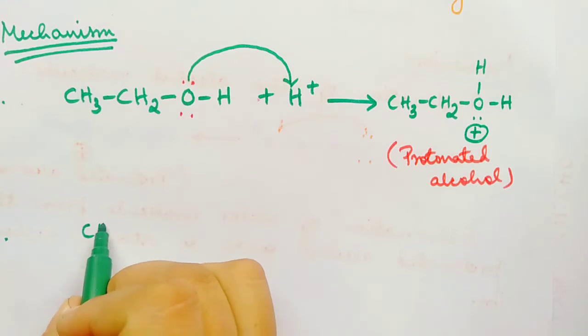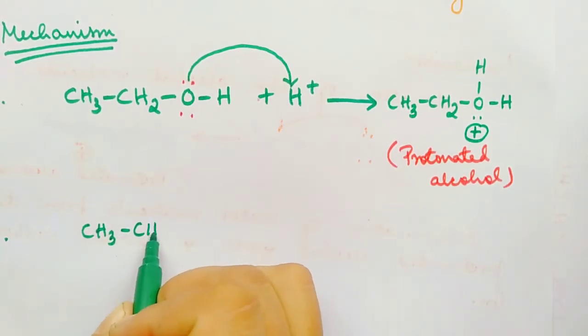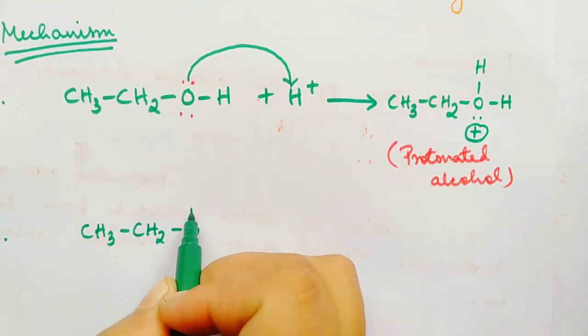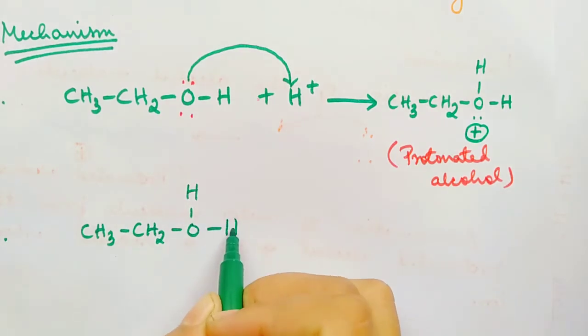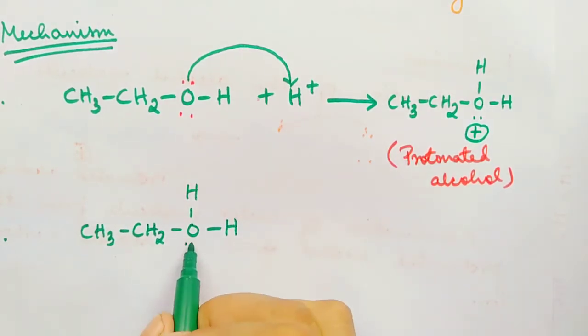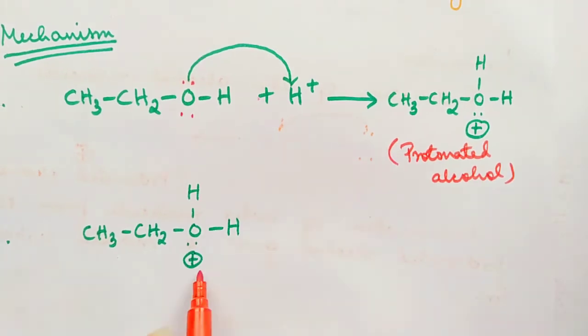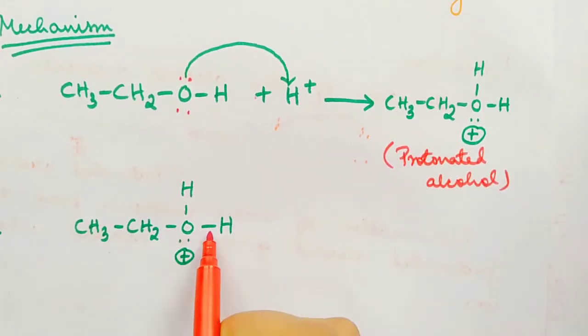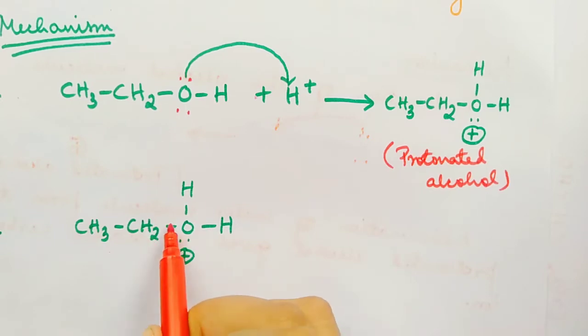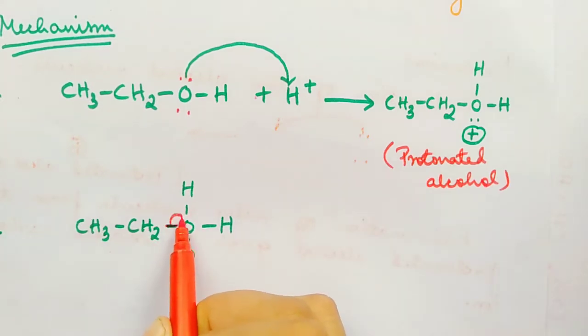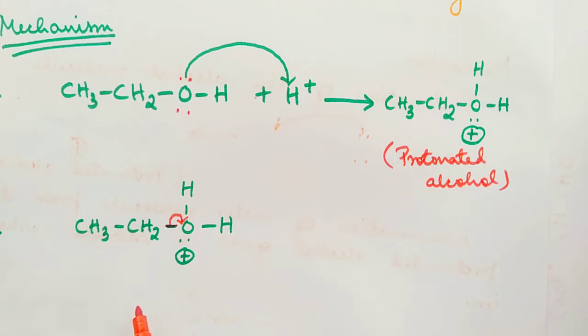See here, we have the protonated alcohol. We want to neutralize this positive charge, okay? So these two electrons from this bond neutralize the positive charge.